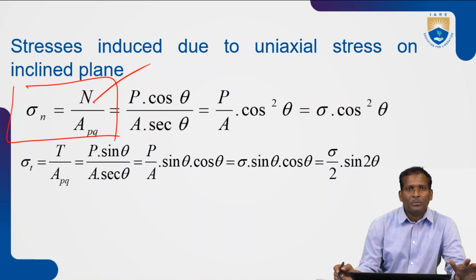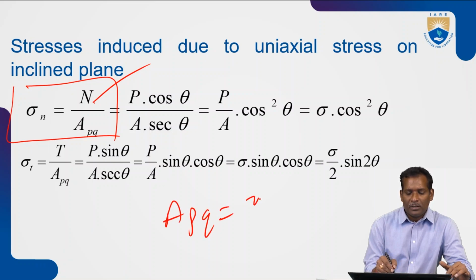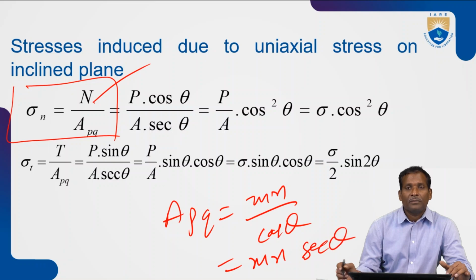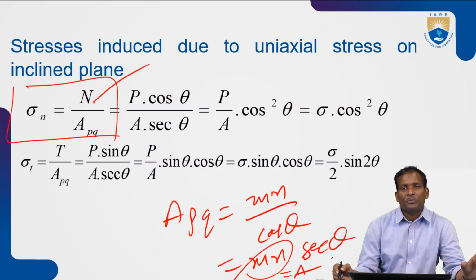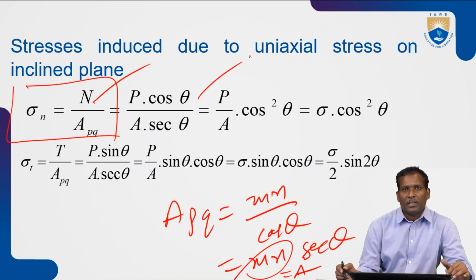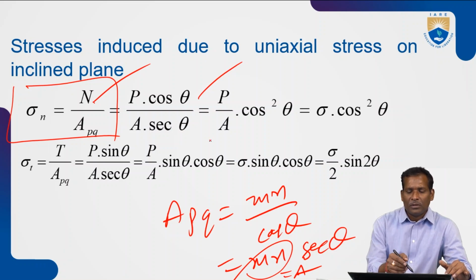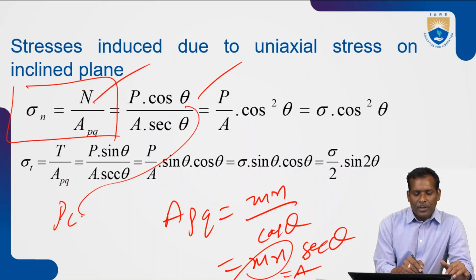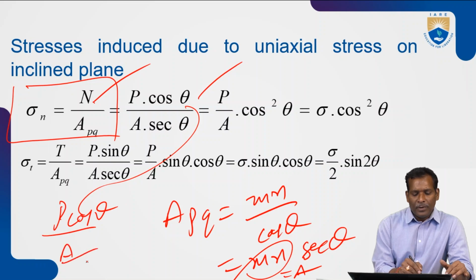The area of the PQ plane is MN by cos theta, which you can write as MN secant theta, where MN is equal to A. So sigma n is P cos theta by A by cos theta. You will get P by A cos square theta.